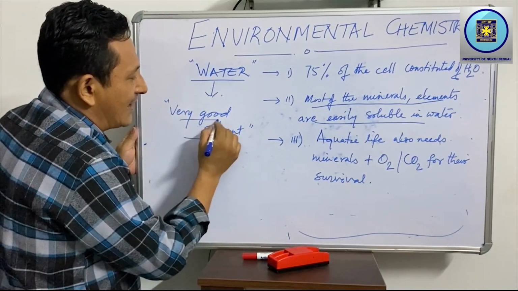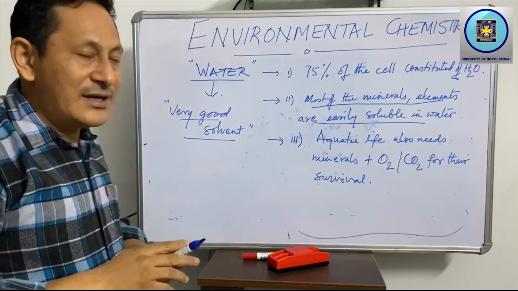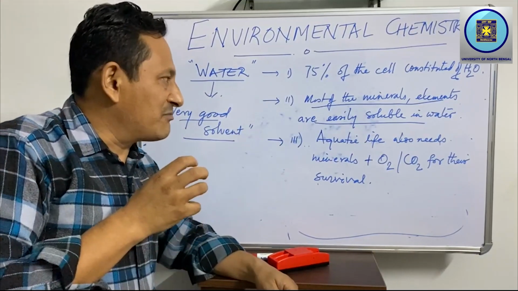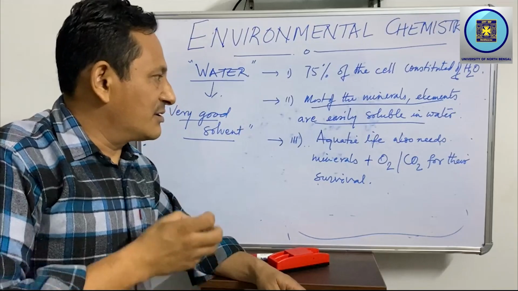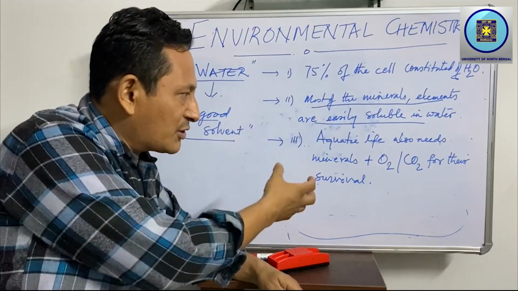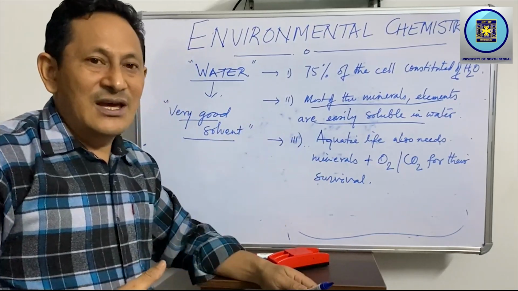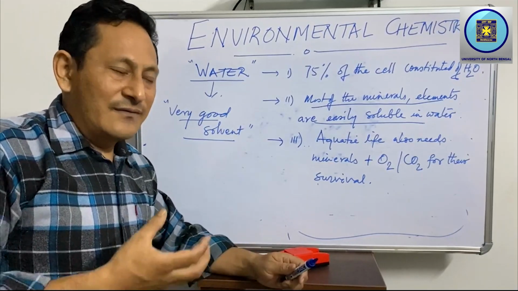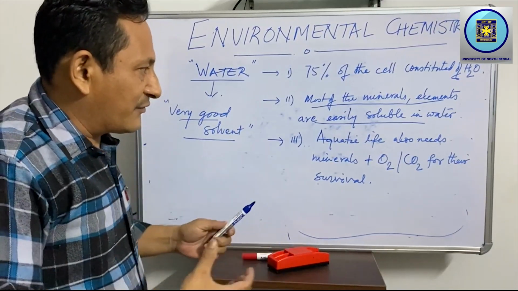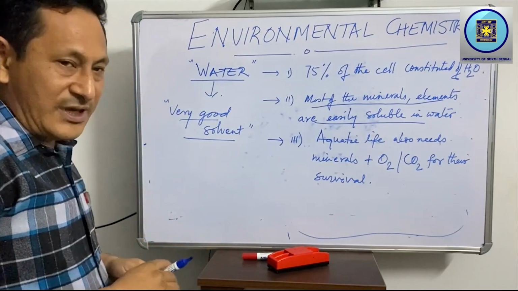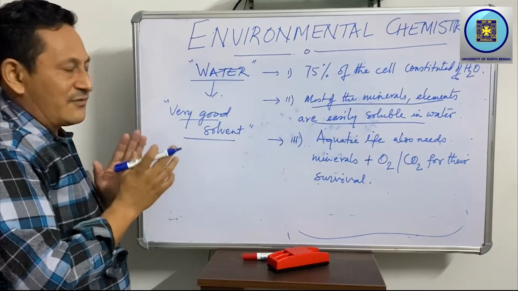It can dissolve most of the minerals, the ions, maybe molecules, gases like oxygen, carbon dioxide, and then it takes them to different parts of our physiological system. So that's why it is very, very vital.